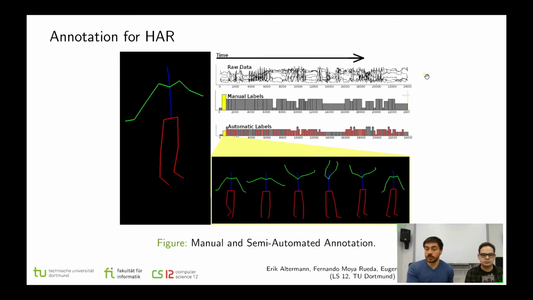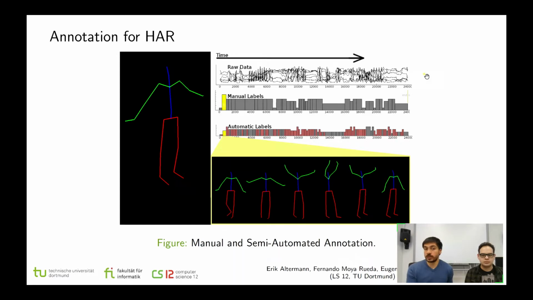Other methods rely on semi-automatic or automatic annotation, where a model classifies the entire sequence directly, and a human, in this case the annotator, has the task of revision, cleaning up the noisy annotations of the model. However, this process is very demanding, very time consuming and very exhausting.